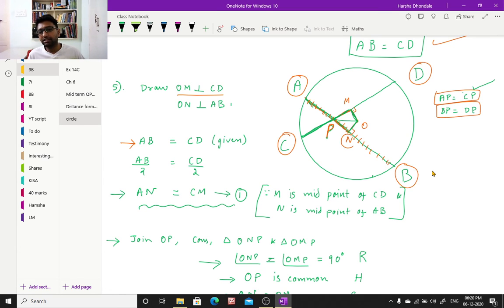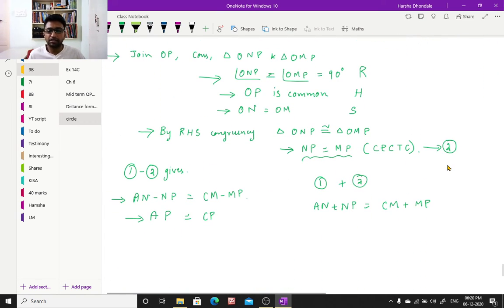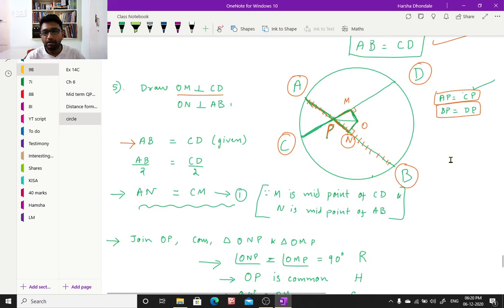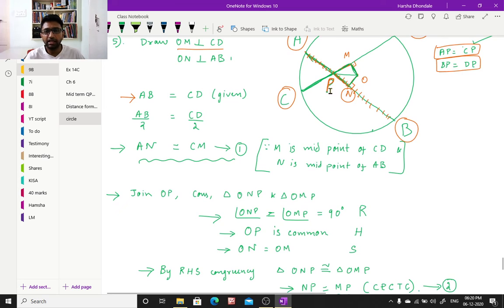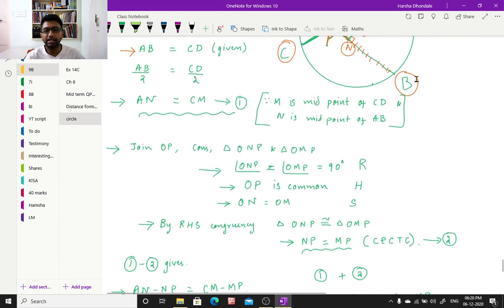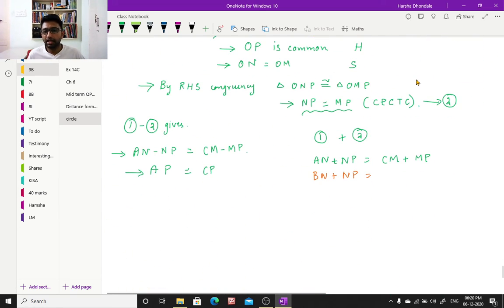Because N is the midpoint of AB. So therefore I'll replace this AN with BN plus NP is equal to, similarly here CM can be written as DM, because M is the midpoint, plus MP.